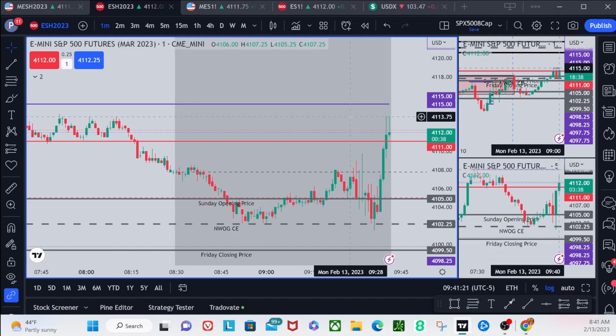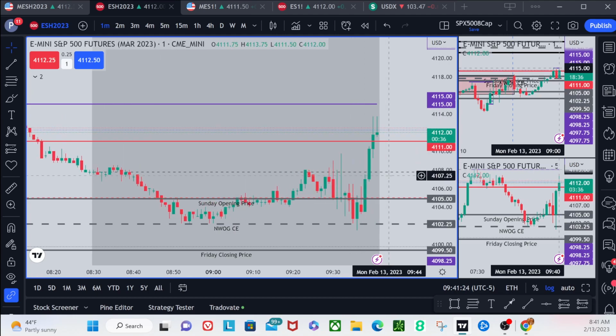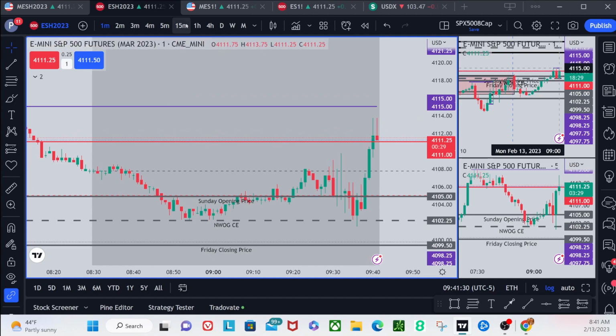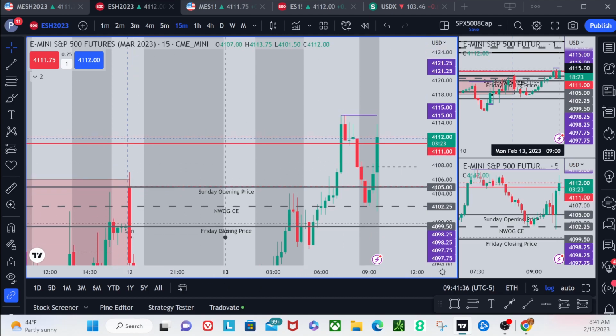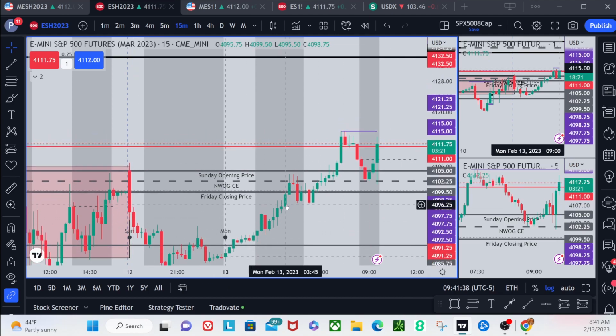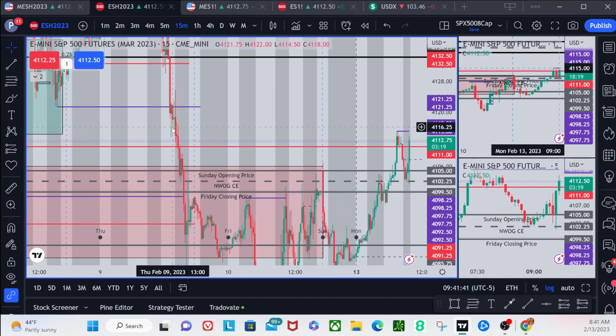Bear with me one second. On your 15-minute time frame, the February 9th, 2023, 12:30 candle, there is a sell side bounce buy side inefficiency.